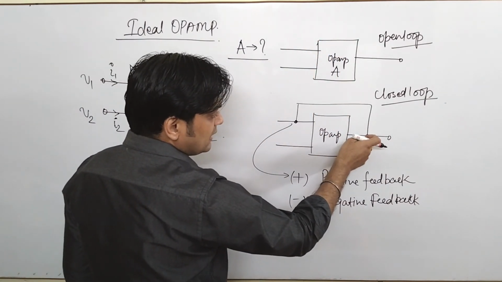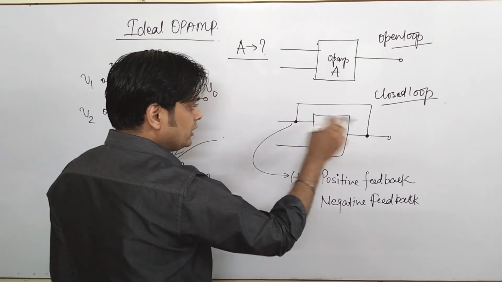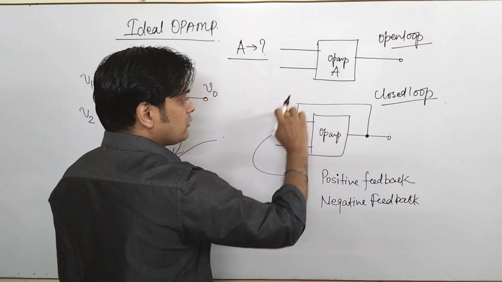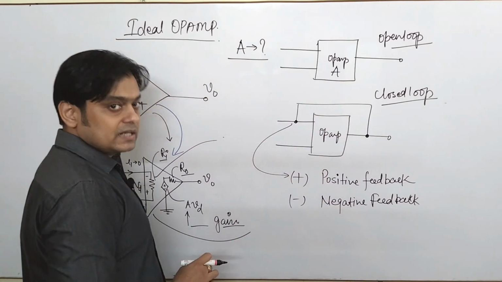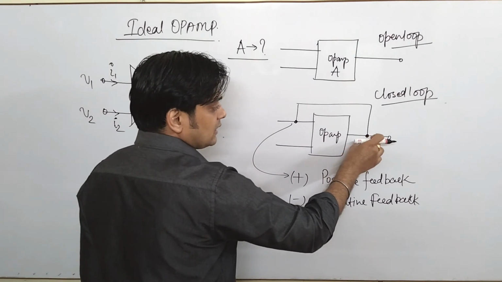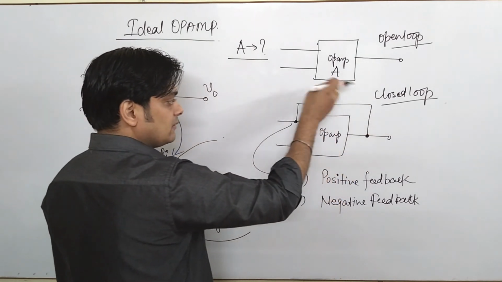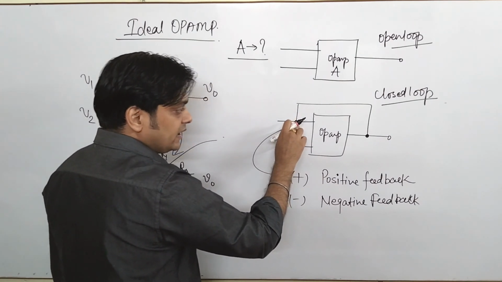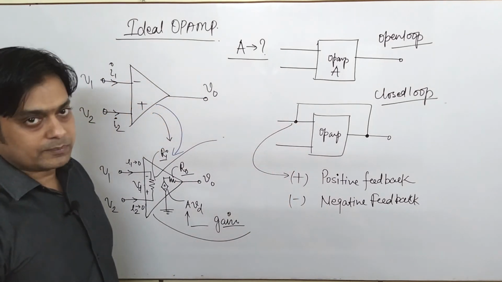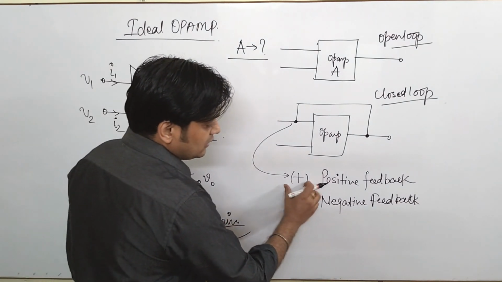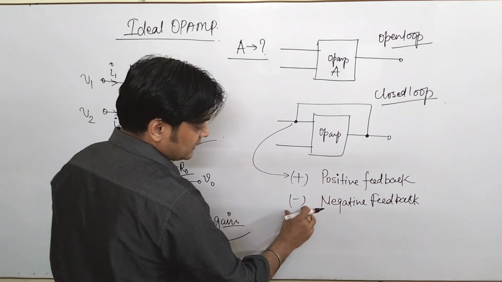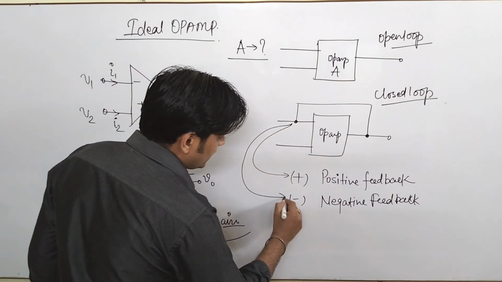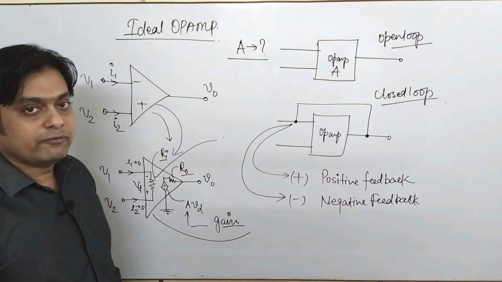Closed loop means you connect output to input by some loop, which is a kind of feedback. Whatever is coming at the output, you take some part and bring it here, either as addition or subtraction. If it is addition, you call it positive feedback, and if it is subtraction, you call it negative feedback. You will see there are large applications of negative feedback.